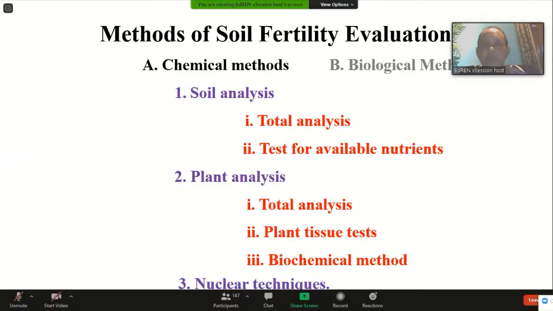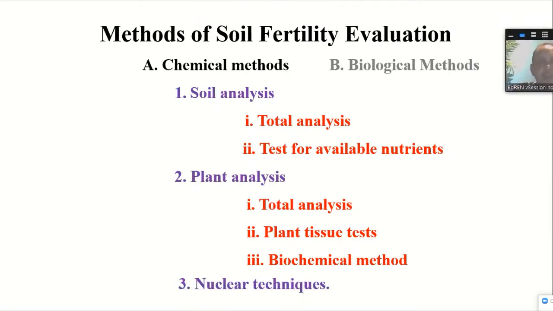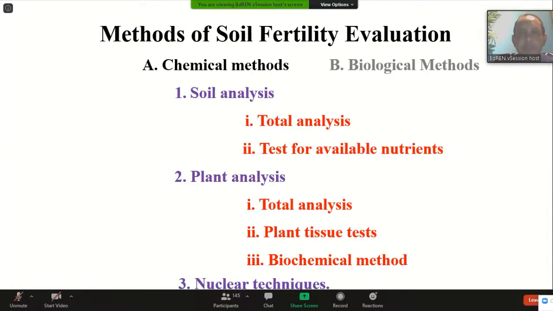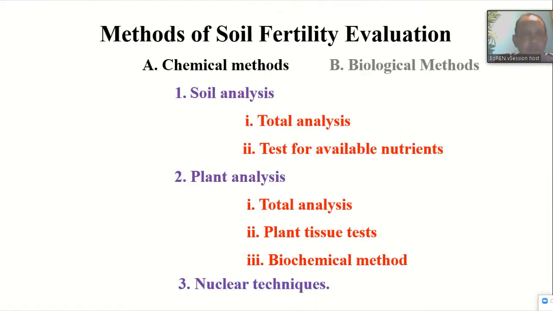There are several methods for soil fertility evaluation. We can divide them into two major groups: chemical methods and biological methods. Under chemical methods, we have soil analysis, which can be divided into two: total analysis and test for available nutrients.